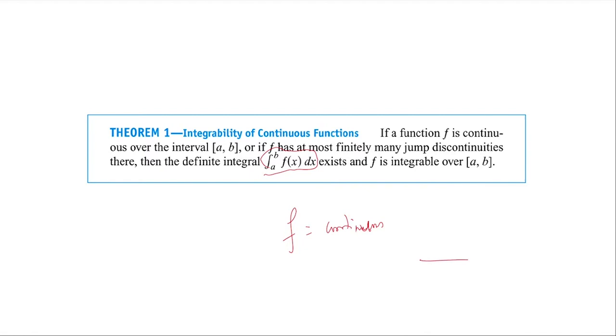Or even if we have, let's say, a finite number of discontinuities. For example, this is one function which has 1, 2, 3 discontinuous points, and that's finite. If you have a function with finitely many jump discontinuities, then still you can find out the integration of this kind of function. So keep in mind, this definite integral is only possible if the function is continuous or has finitely many jump discontinuities.